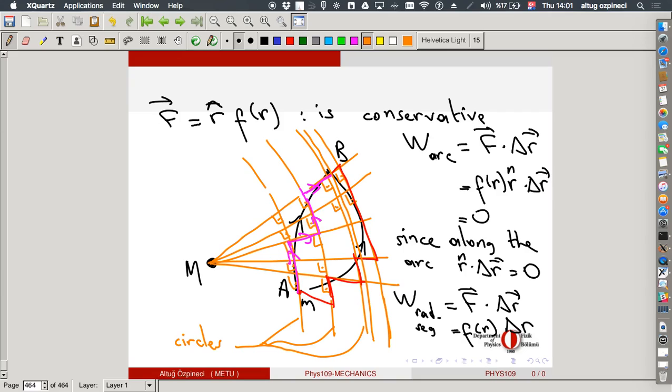Okay, questions? Do you agree that the work done along the red curve and the purple curve have to be equal or not? Do you agree with me? The ones on the back?